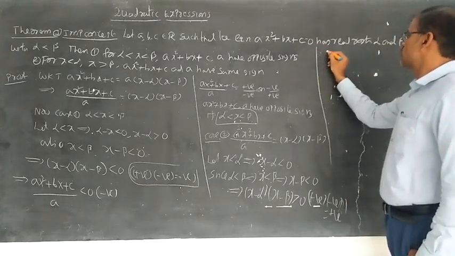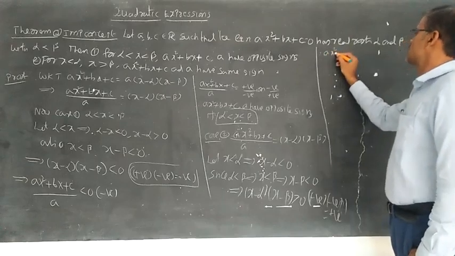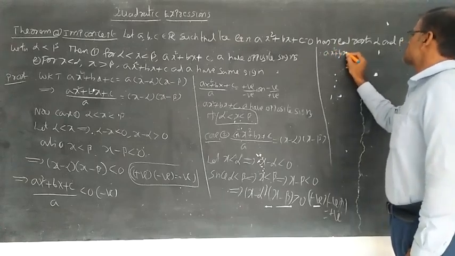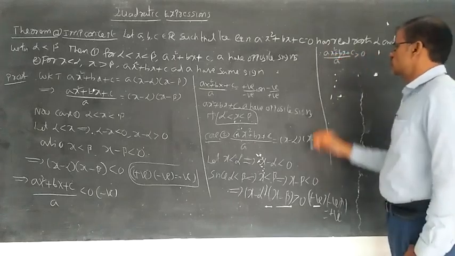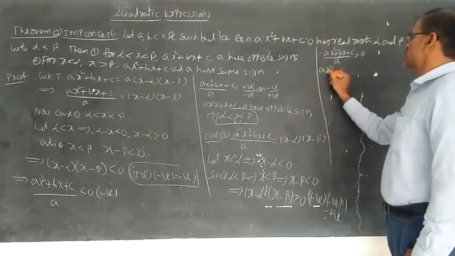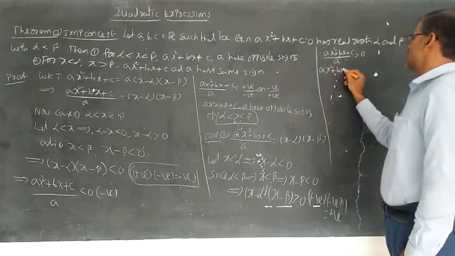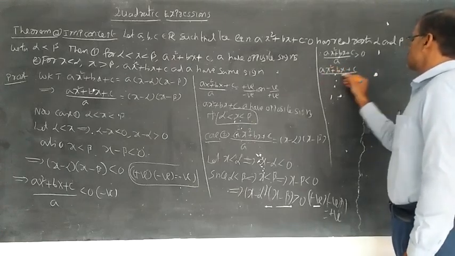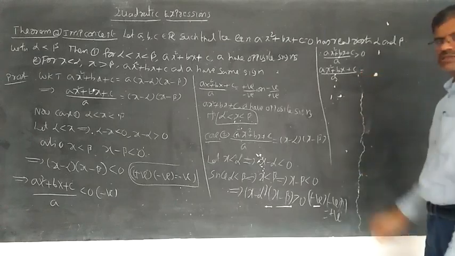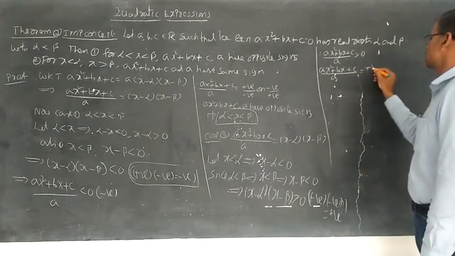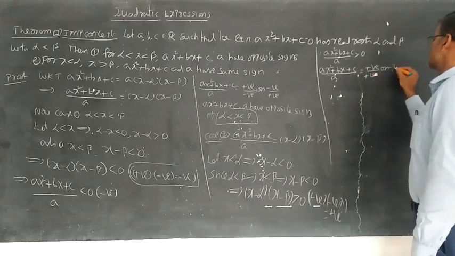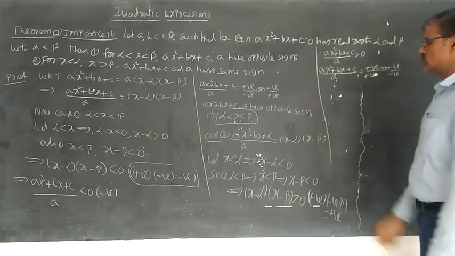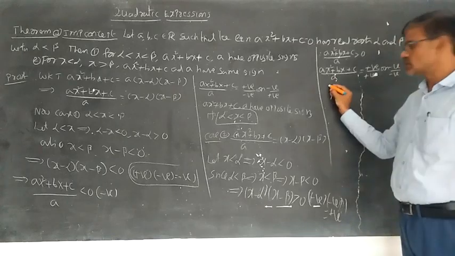So therefore, positive, we got (ax square plus bx plus c) by a greater than 0. Whenever (ax square plus bx plus c) by a is greater than 0, we can understand this as positive by positive or negative by negative.